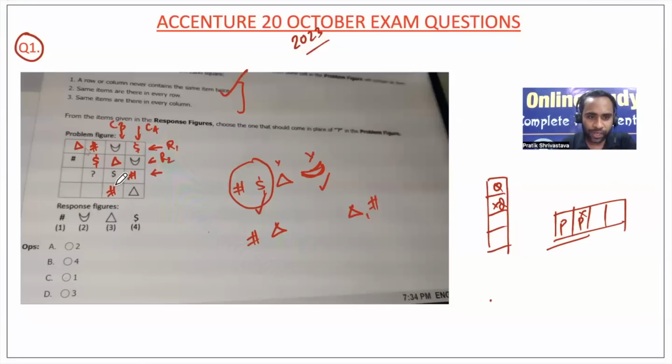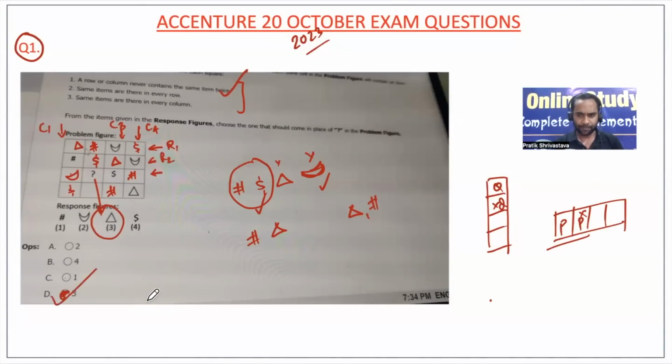Let us try to fill dollar here. If you see column 1, we have triangle and has, and now we have two options, dollar and moon. Dollar cannot come here because dollar is already here. So dollar will come here and this moon shape will come here. Now, we have moon, we have dollar, we have has, so in this particular place triangle will come. Option 3 will become the correct answer.